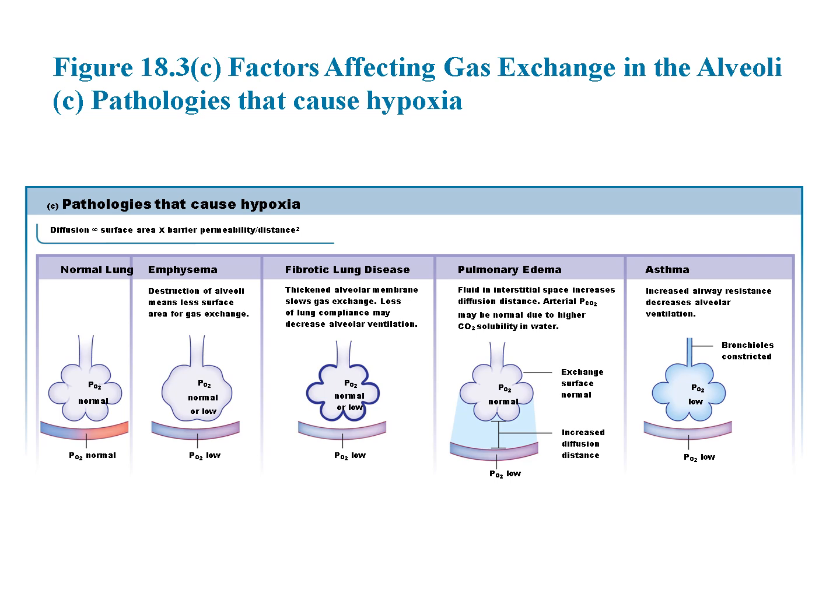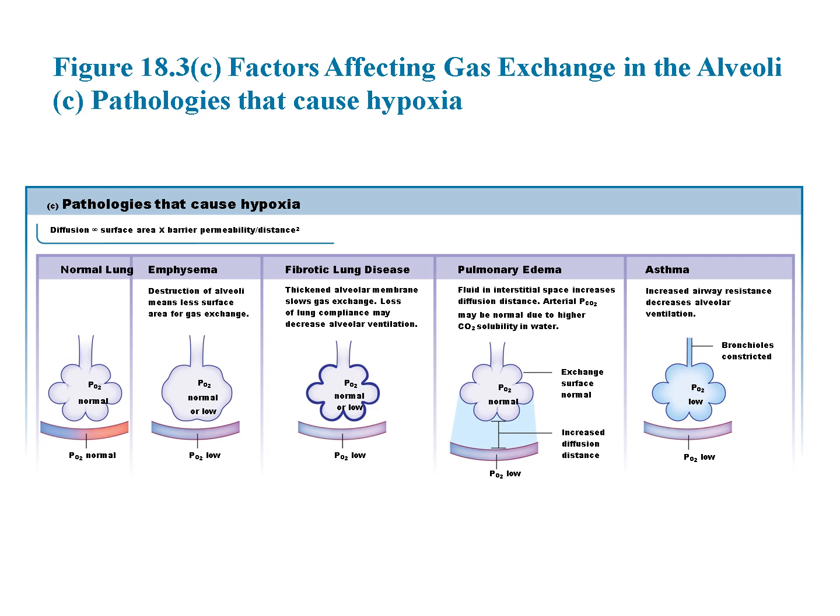Pulmonary edema occurs when fluid accumulates in the interstitial space of the lungs. This increases the distance that gases must diffuse, making oxygen transfer less efficient. Although carbon dioxide is more soluble in water and may still diffuse effectively, oxygen levels in the blood can drop significantly. Asthma, on the other hand, is characterized by increased airway resistance due to bronchoconstriction.